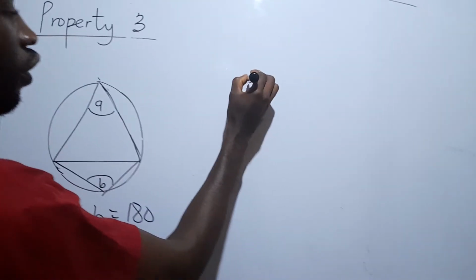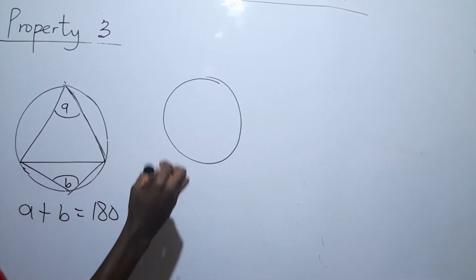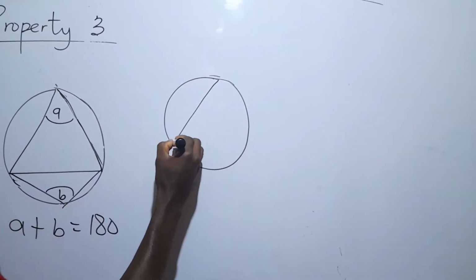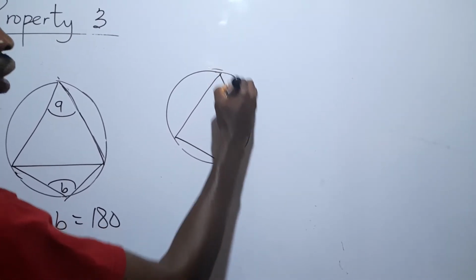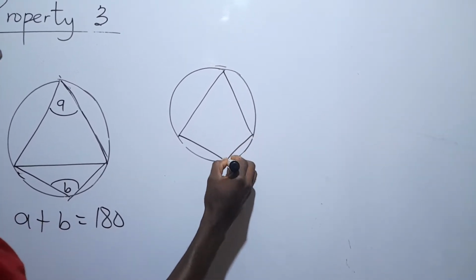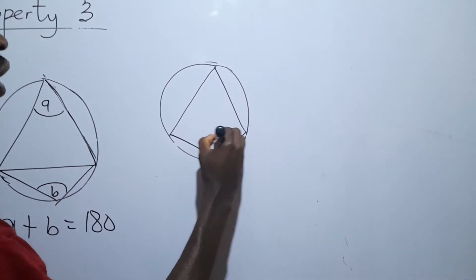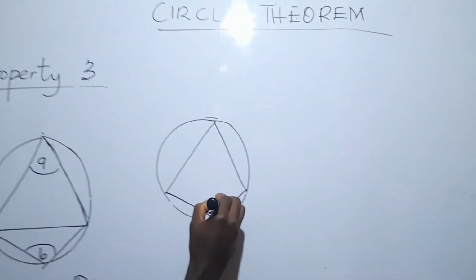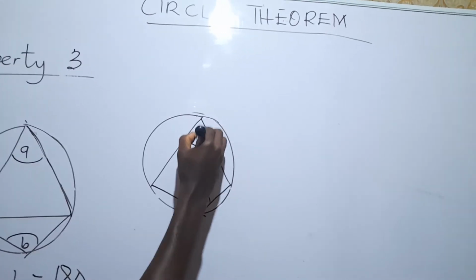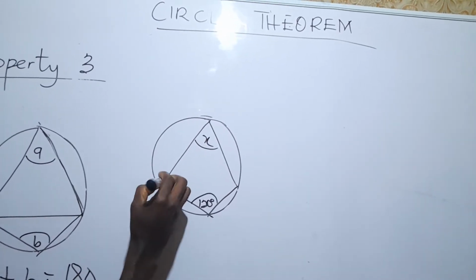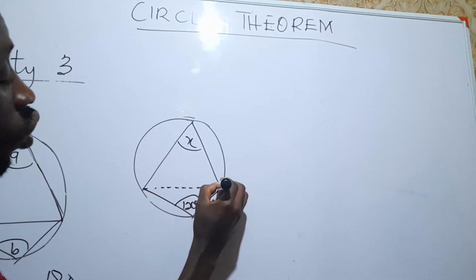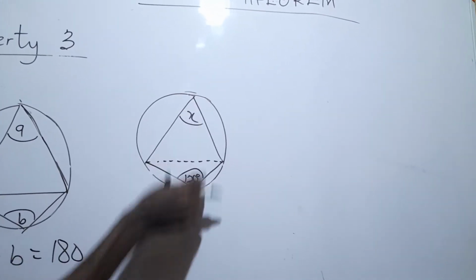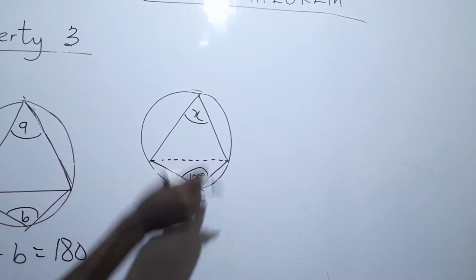So if I have a problem like this, and this place is given to be maybe 120 degrees, not drawn to scale, and this is x, and I'm asked to find x. Look at it, there is a hidden chord here, and the chord sustains an angle at the circumference, on the two opposite sides of a segment of a circle.